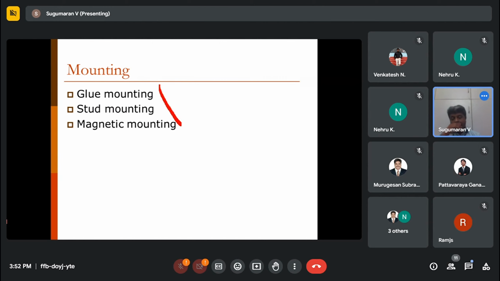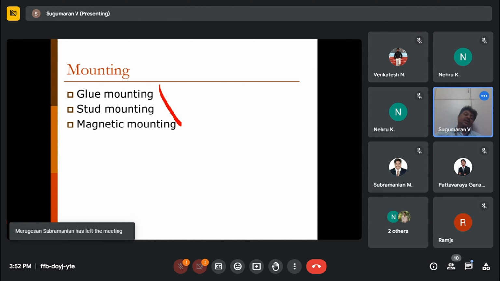Now a small portion of the stud will be above the surface. On that you mount the sensor. In the sensor also there will be a hole with a thread. You tighten that and fasten it. This kind of mounting is called stud mounting.